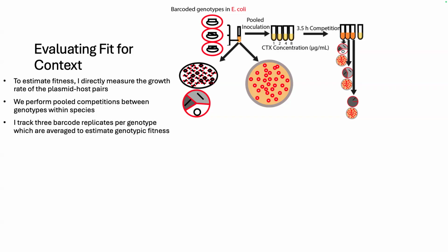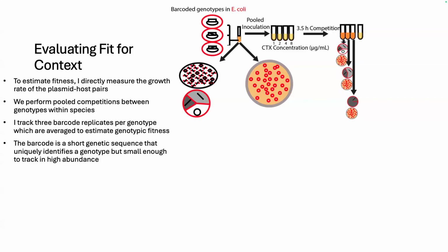And I say the word barcode because it's a short DNA sequence that uniquely identifies a plasmid genotype. So I labeled each of the genotype plasmids in triplicate with these 18 nucleotide regions that are way shorter than the gene itself. And that allows me to track this barcode in really high abundance and estimate the change in frequency of each barcode alongside the change in density of the culture.